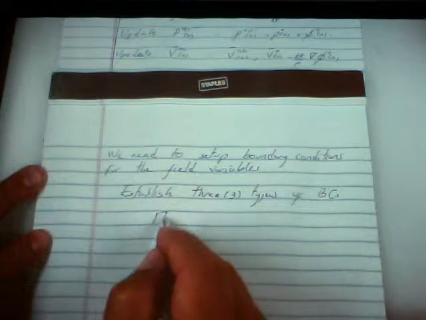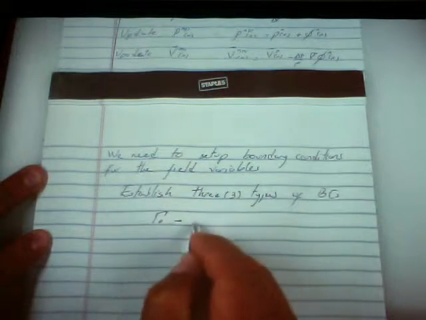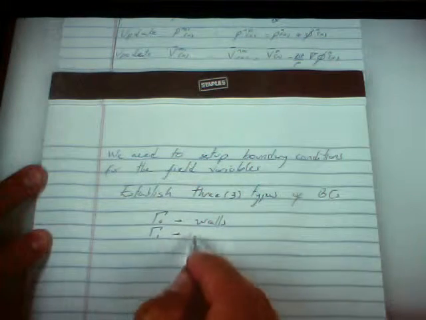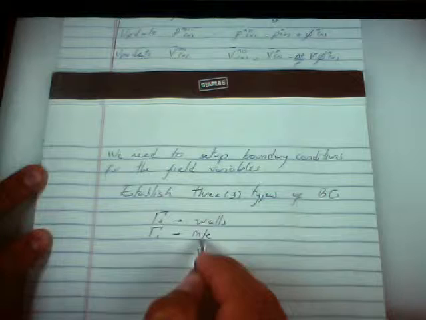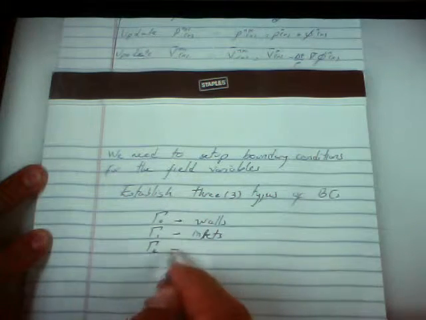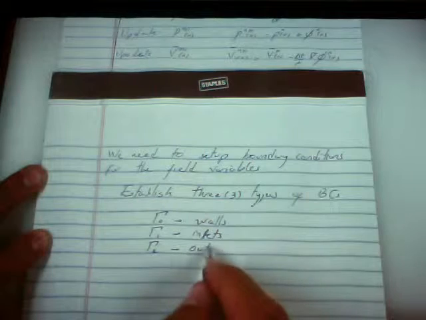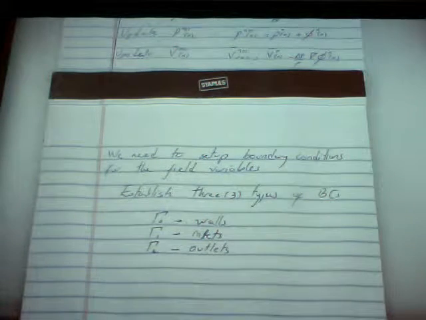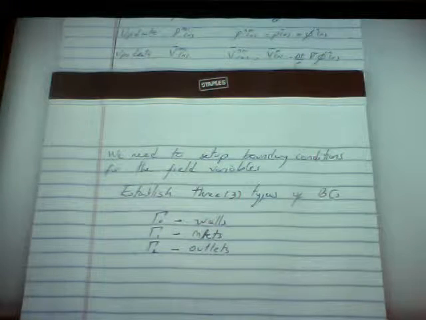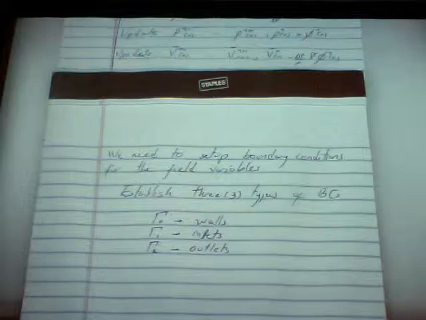So we're going to establish gamma 0, walls, so that's type 0, gamma 1, inlets, and gamma 2, outlets. So walls, inlets, and outlets. With that, we should construct a fluid mechanics problem, a CFD problem.